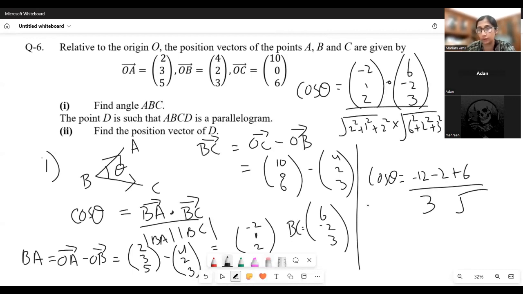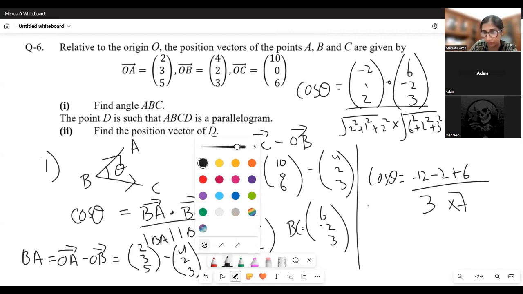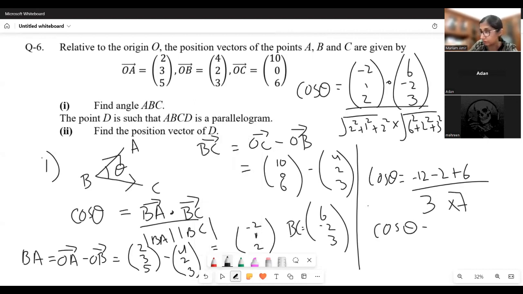And the other one, square root of 6 square plus 2 square plus 3 square, is 7. The numerator is -12 minus 2 plus 6, which is -8. So cos theta is equal to -8 by 21.